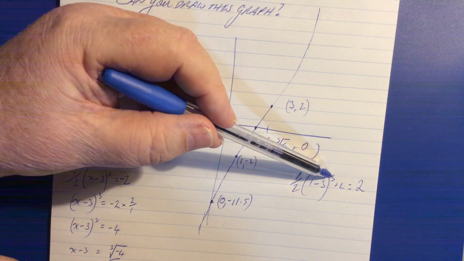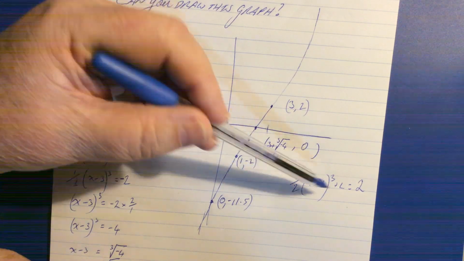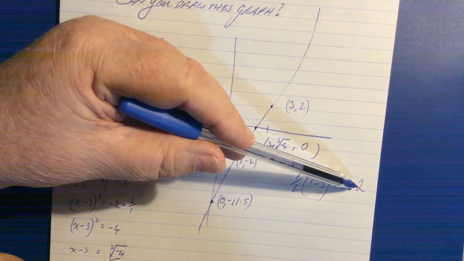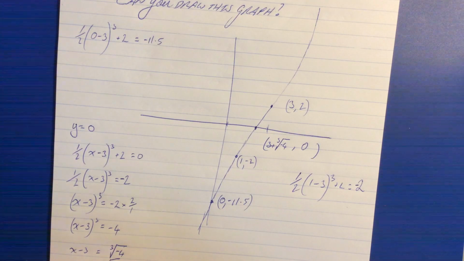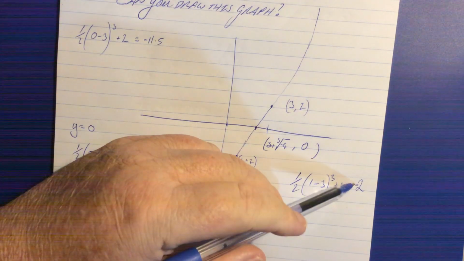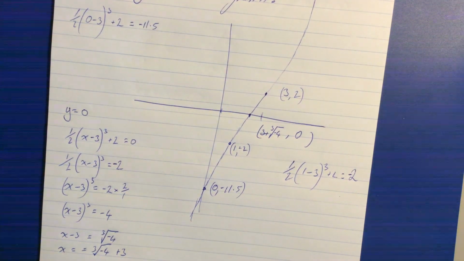Negative 2 cubed is negative 8. 1/2 of that is negative 4. Negative 4 plus 2 is negative 2. I am shocking around negative numbers, and I apologize. I got it right here. I forgot to put it in there. Anyway, errors and omissions accepted.